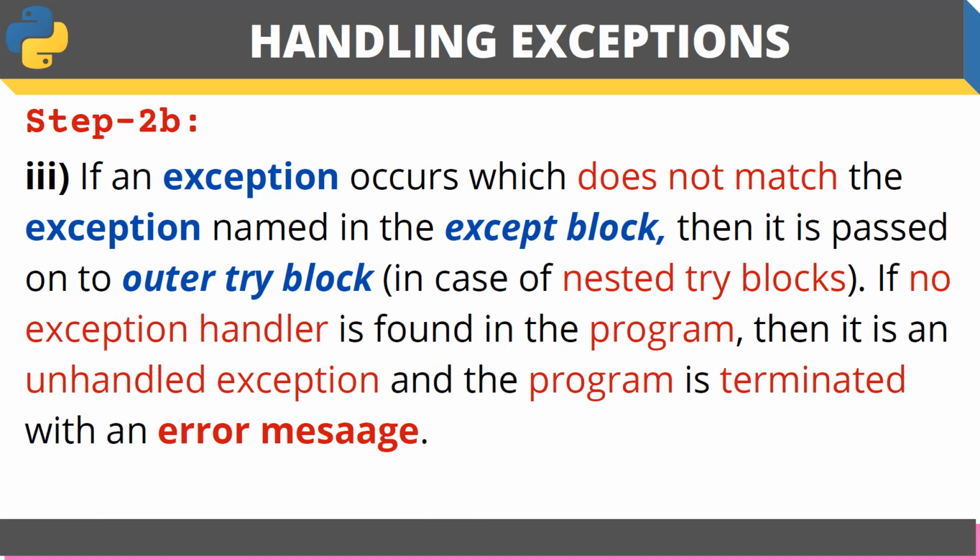If an exception occurs which does not match the exception named in the except block, then it is passed on to the outer try block in case of nested try blocks. If no exception handler is found in the program, then it is an unhandled exception and the program is terminated with an error message.